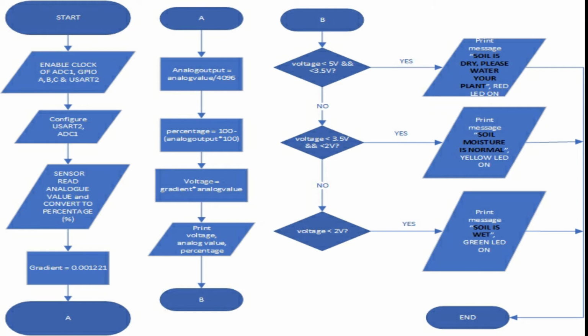The voltage is simply the gradient times the analog value, and then it will print on the serial monitor the voltage, analog value, and percentage of soil moisture.